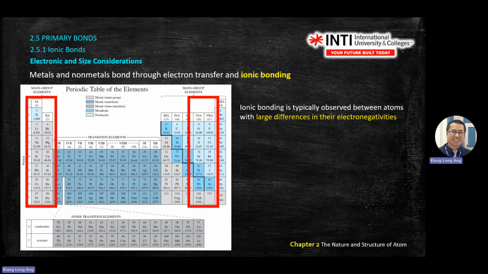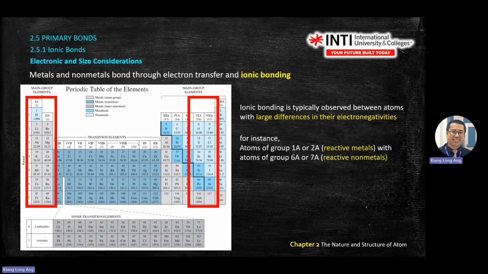Then family 6 and 7, they are more willing to accept electrons from outside, right? So family 1 and 2, and 5, 6 and 7, they are very good friends. They always like to bond, become a primary bond, ionic bonding. Okay.